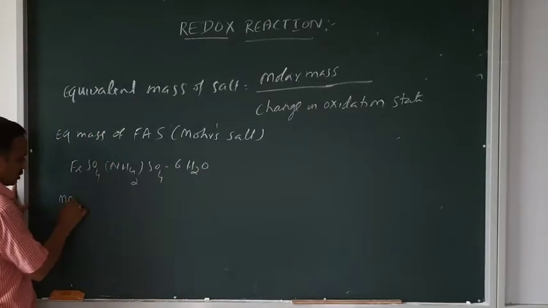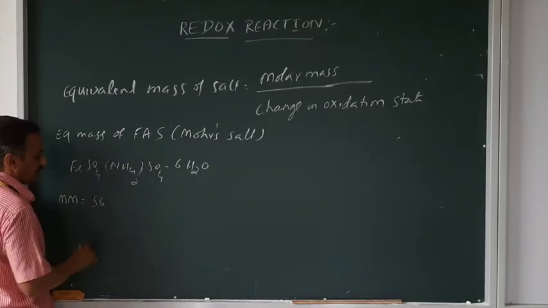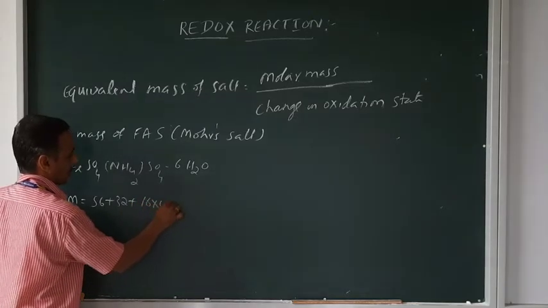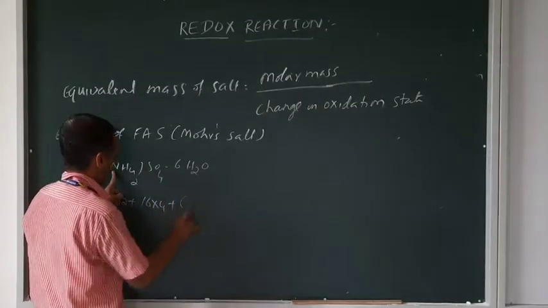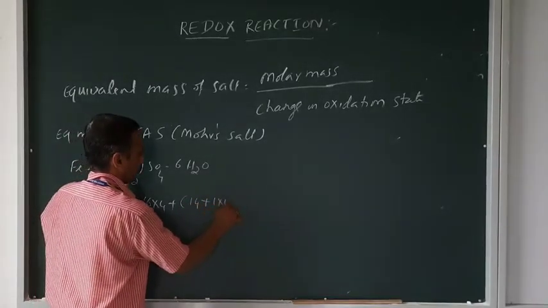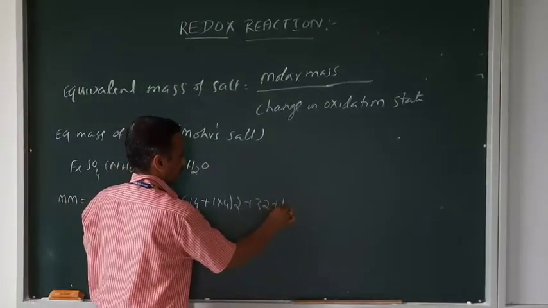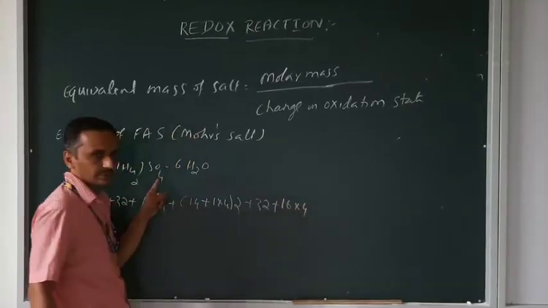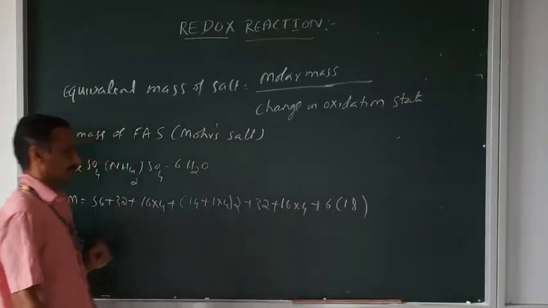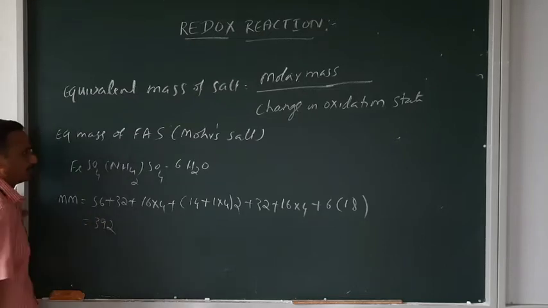Molar mass is equal to 56 for iron, sulfur 32, oxygen is 16 into 4, plus in this ammonium, nitrogen is 14, hydrogen is 1 into 4, there are 2 of these, plus 32 for the sulfur, 16 into 4 for the oxygen, plus 6 into 18 for water. And if you add together, you are going to get 392.